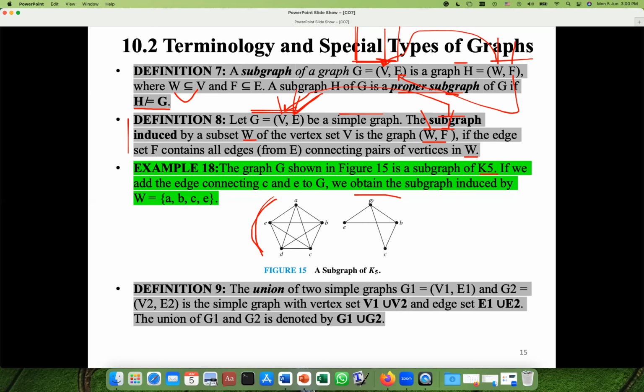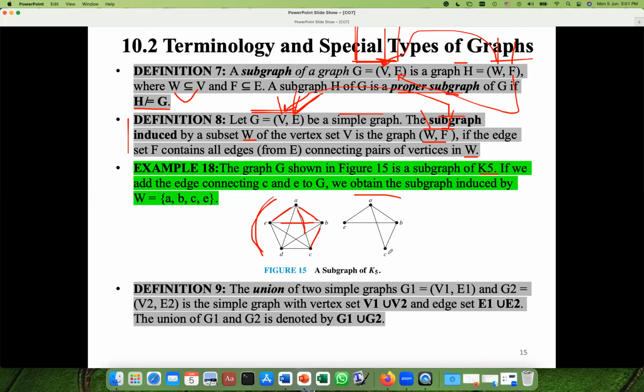So, okay, it looks like this part. If I draw this one, this is there. All edges of F, this one and that one. All edges of F, this is the edge set.